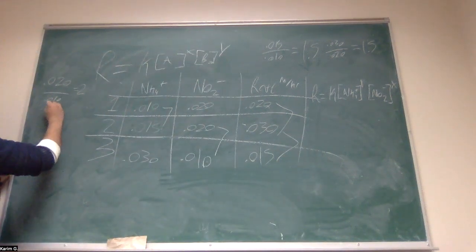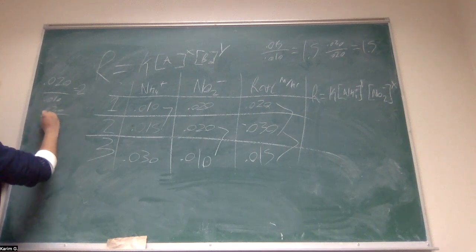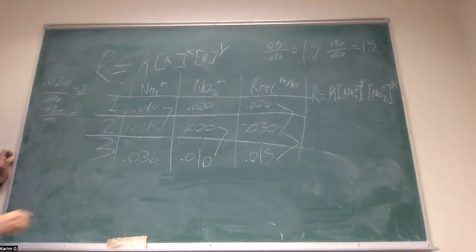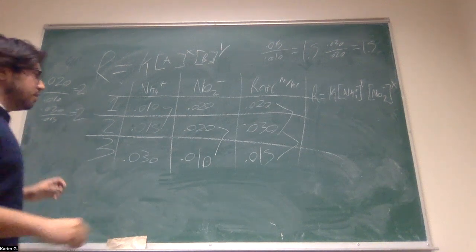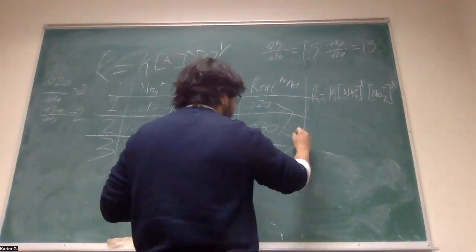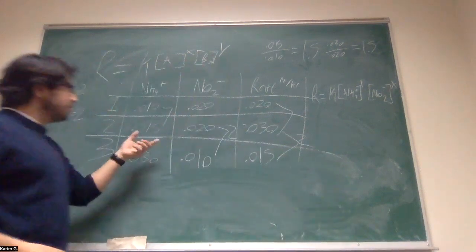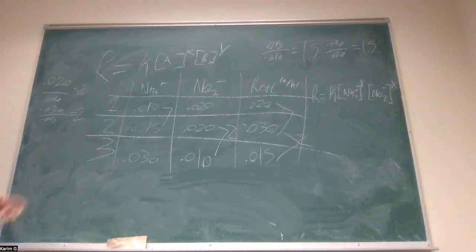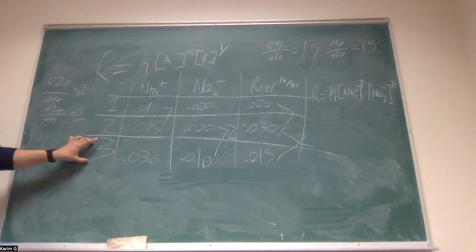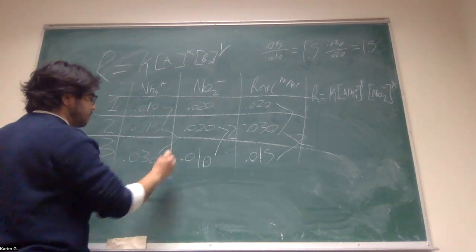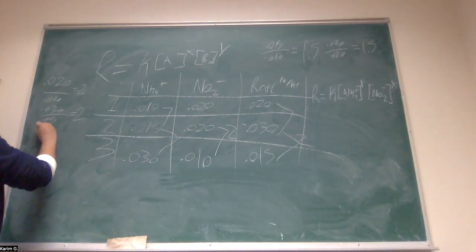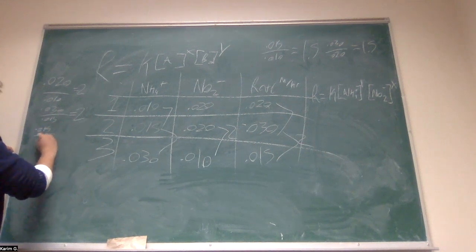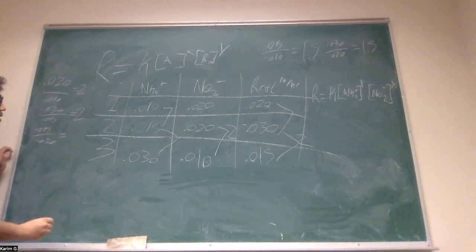It'll be 0.030 over 0.015, which is a change of 2. So we would say that it's first order, but ammonium is changing. So the same way, let's do 2/3: 0.015 over 0.030, which gives you 0.5.